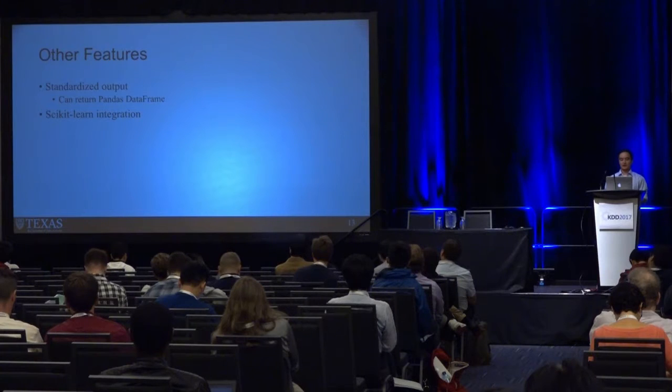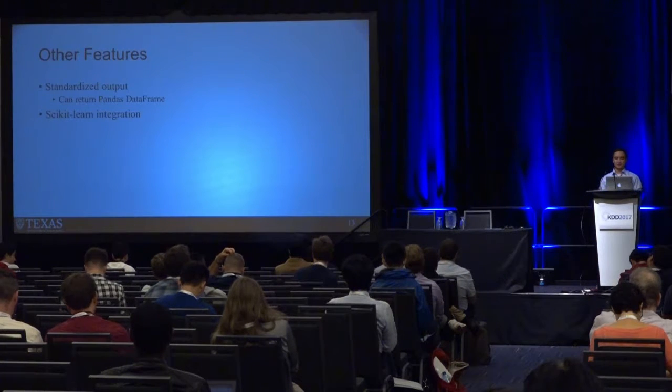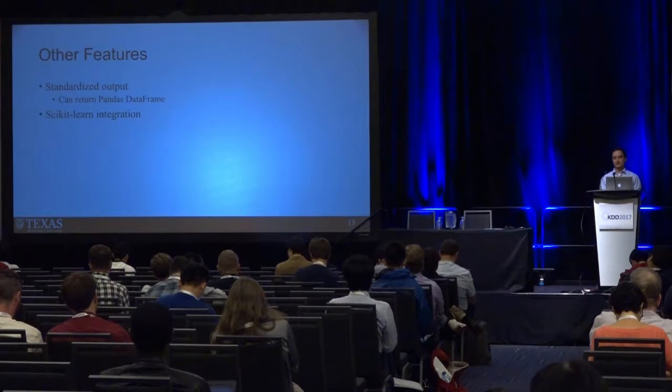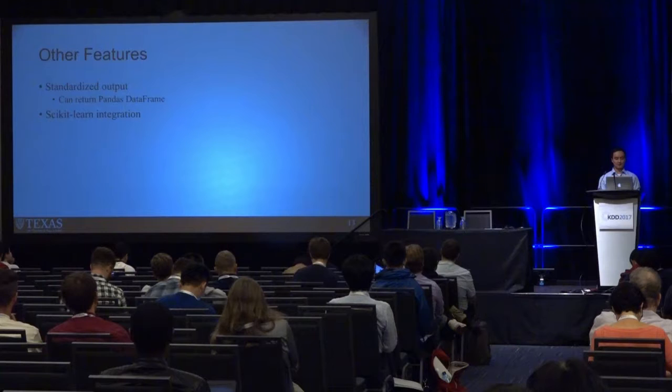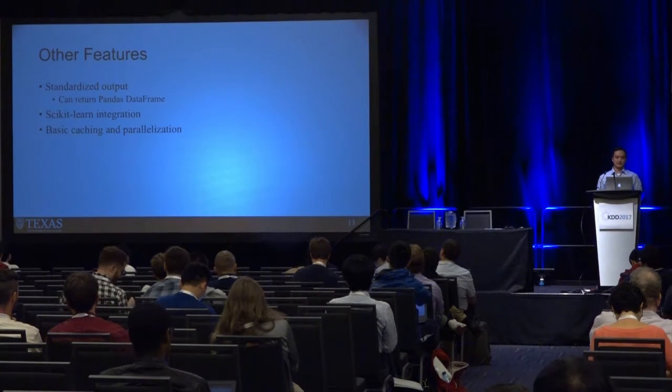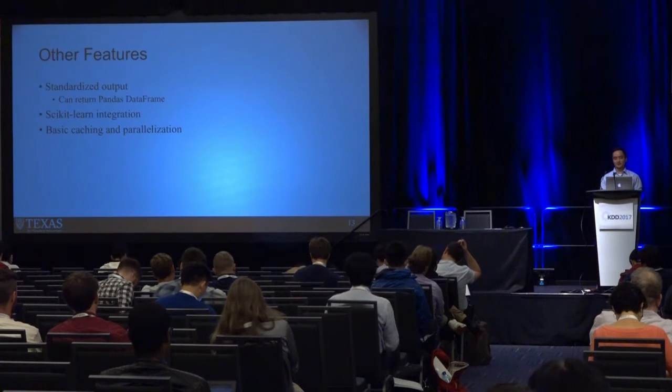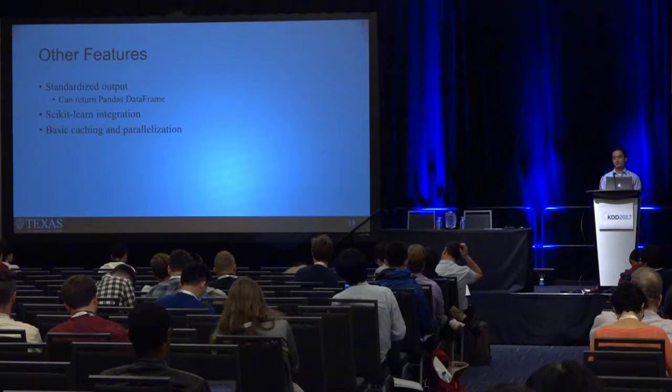Another feature of Pliers is scikit-learn integration, so you can take any Pliers graph or extractor and wrap it into a scikit-learn pipeline pretty conveniently. And then finally, we have basic support for caching of repeated transformations and parallelization across iterable inputs.